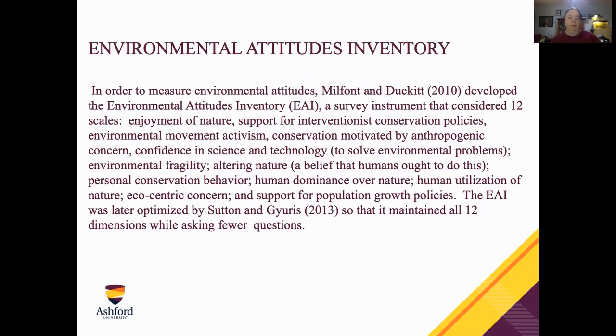Environmental Attitudes Inventory. In order to measure environmental attitudes, Milfont and Duckett developed the Environmental Attitudes Inventory, a survey instrument that considered 12 scales: enjoyment of nature, support for interventionist conservation policies, environmental movement activism, conservation motivated by anthropogenic concern, confidence in science and technology to solve environmental problems, environmental fragility, altering nature, belief that humans ought to do this, personal conservation behavior, human dominance over nature, human utilization of nature, ecocentric concern, and support for population growth policies.